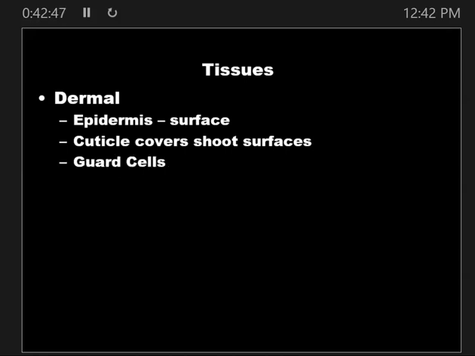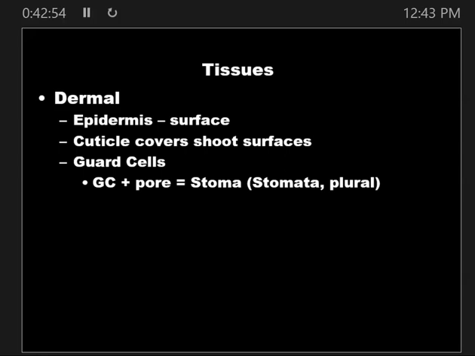So guard cells. On the surface of the plant body, if you look at a leaf, you will see that waxy cuticle covering the whole leaf, both top and bottom side. But under the microscope, you'll see some interesting looking cells that we call guard cells. And really, there's two guard cells.